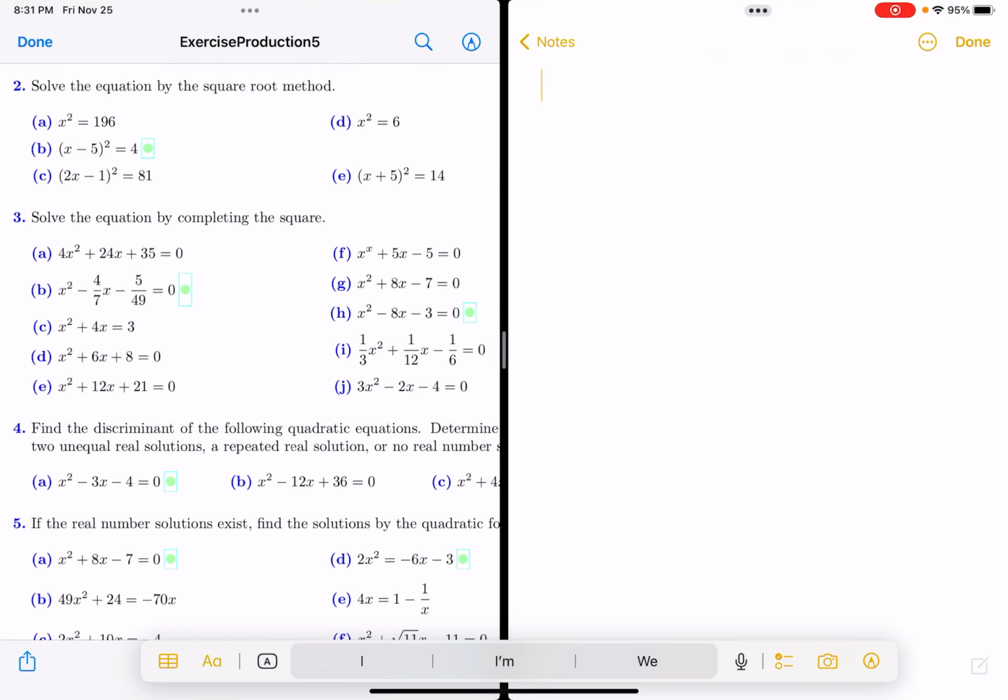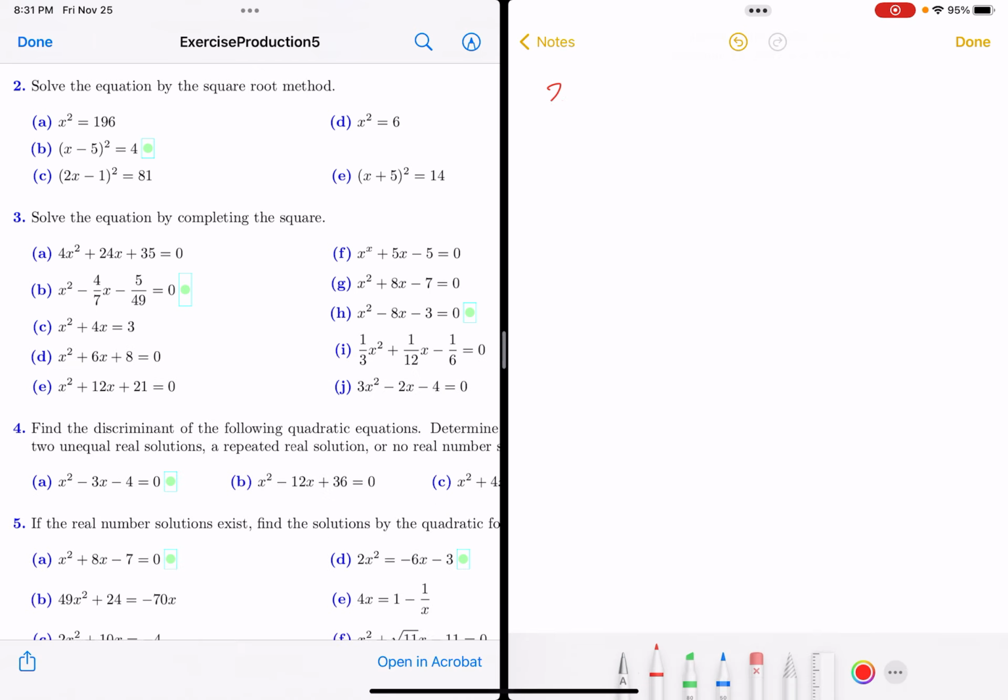Now, let's do question 2b. We wanted to solve the equation by the square root method. Question 2b says that we have (x - 5) squared equals 4.